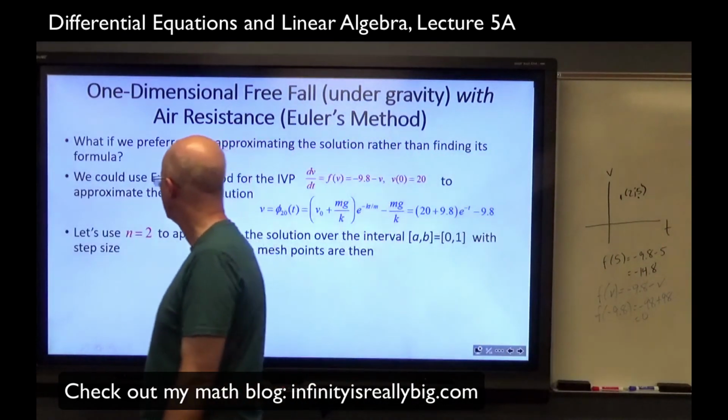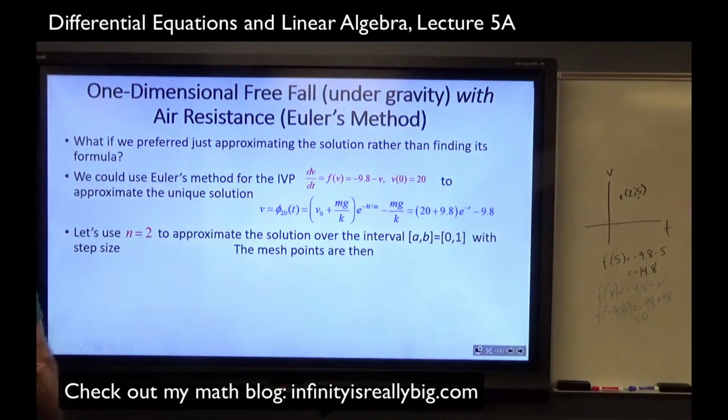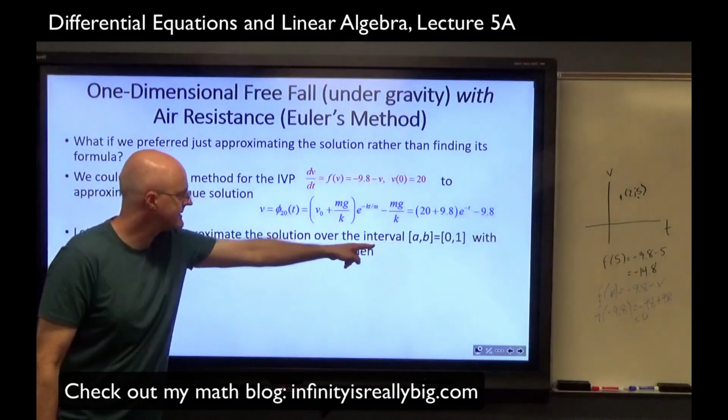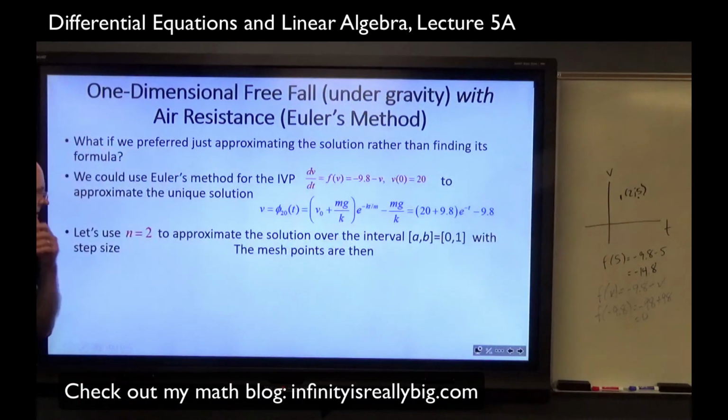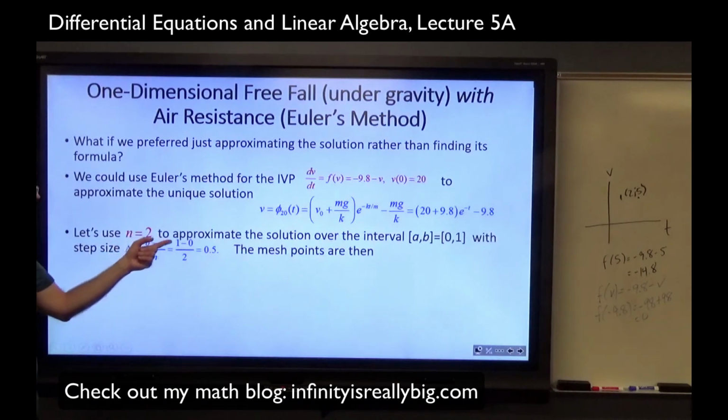How do you do it? Let's just do 2 steps because it's too tiring otherwise. Over the time interval from 0 to 1, this is a time interval. I maybe should have written that in there. I won't bother retyping it. What's the step size? Delta t is the length of the interval, b minus a, all over the number of steps. So we get 1 minus 0 over 2, which is 1/2 or 0.5.